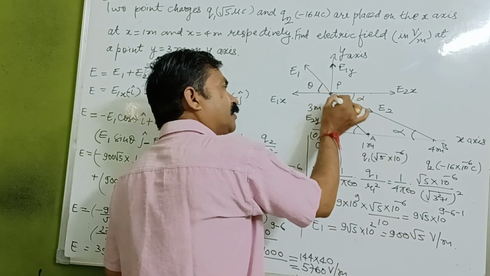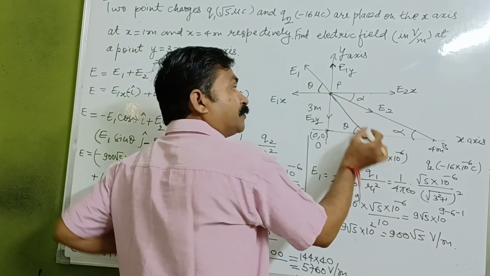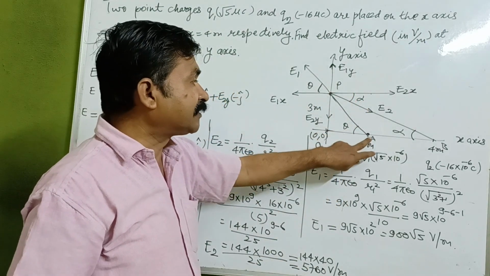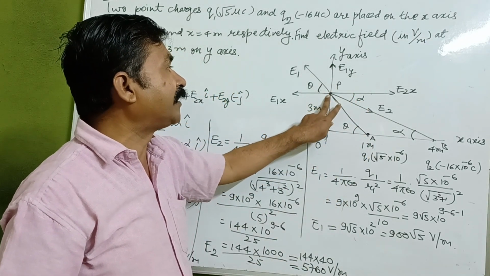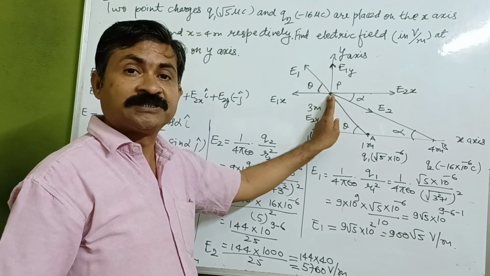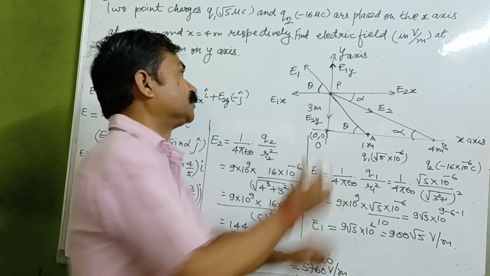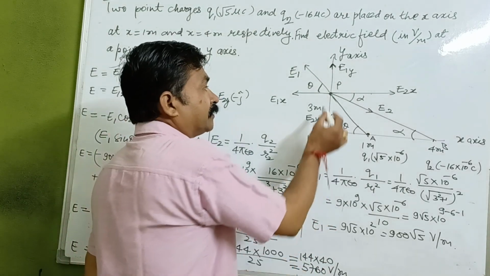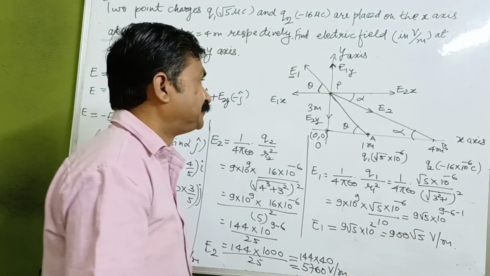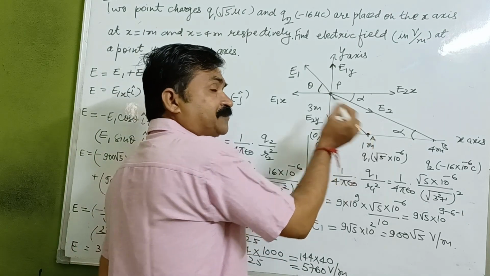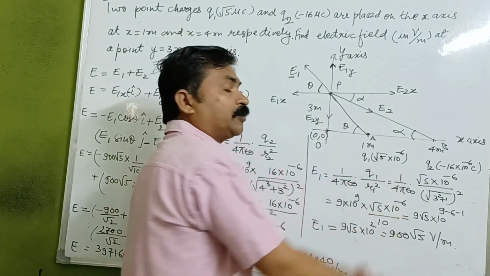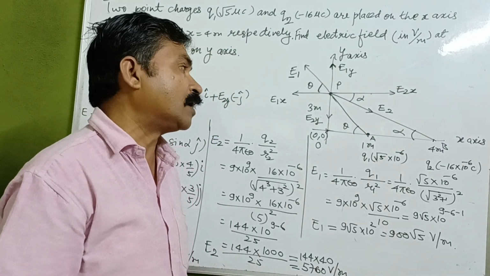Because of Q1 there will be an electric field, and since it is a positive charge, the force acting on it will be in this direction, given by E1. So E1 is the electric field because of A, where Q1 is root 5 into 10 raised to the power minus 6 coulomb charge.